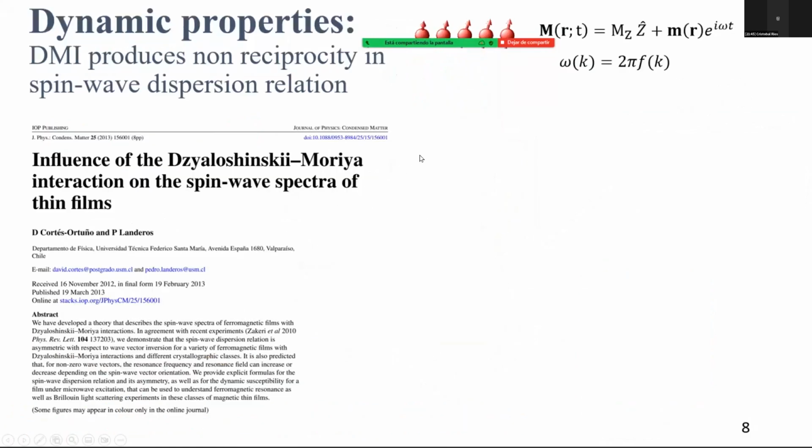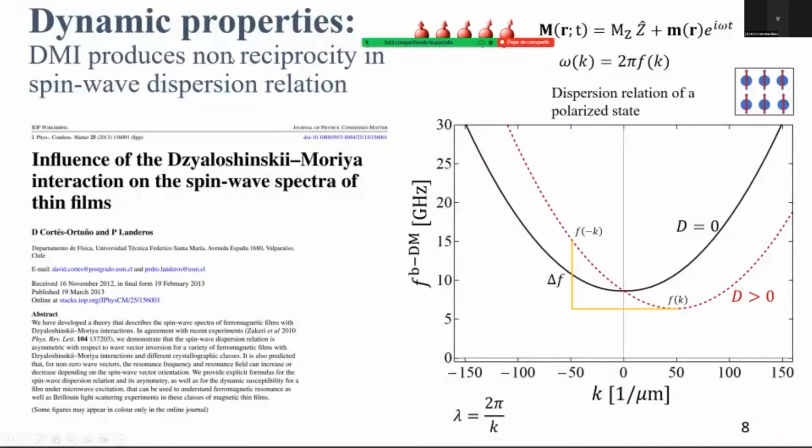About the dynamic properties, the effect of the DMI on the dynamic properties is that it produces non-reciprocity in the spin wave dispersion relation. Here, when we don't have DMI, the intensity of the DMI equals 0, we have a symmetric dispersion relation.